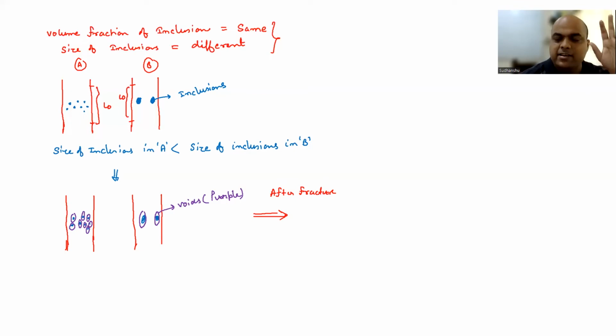You're doing a uniaxial tensile test. You have formed the voids, they are growing, they are going to coalesce, right? And finally, you are going to see fracture happening. So in case one, these are going to link, right?